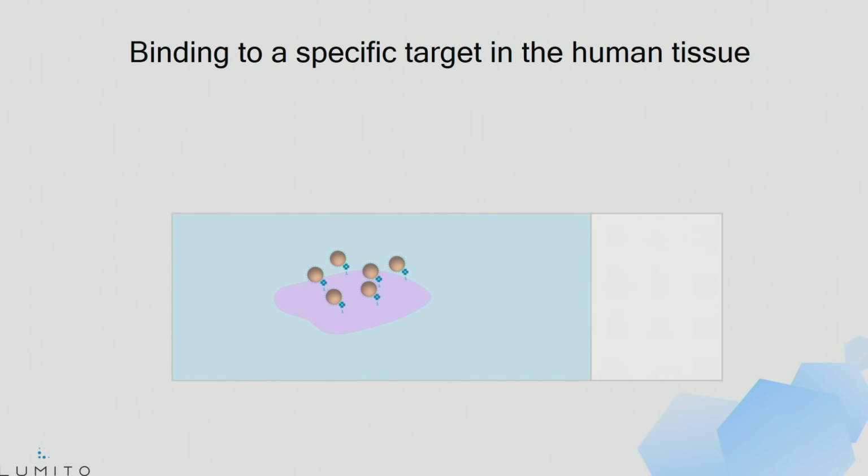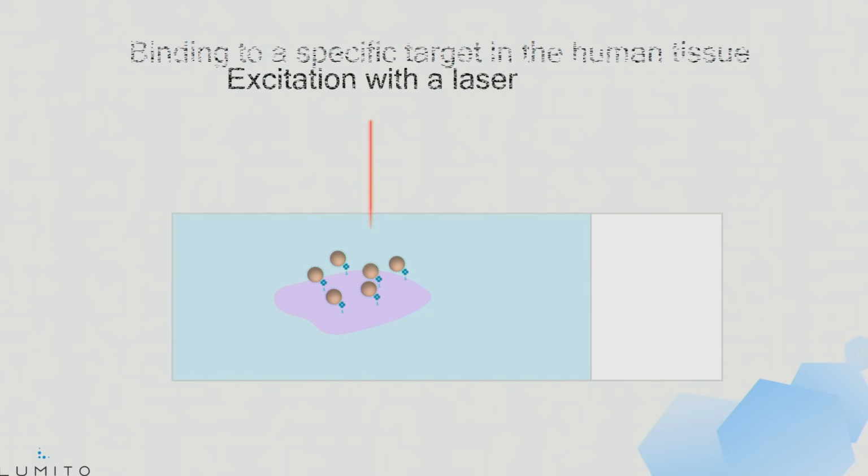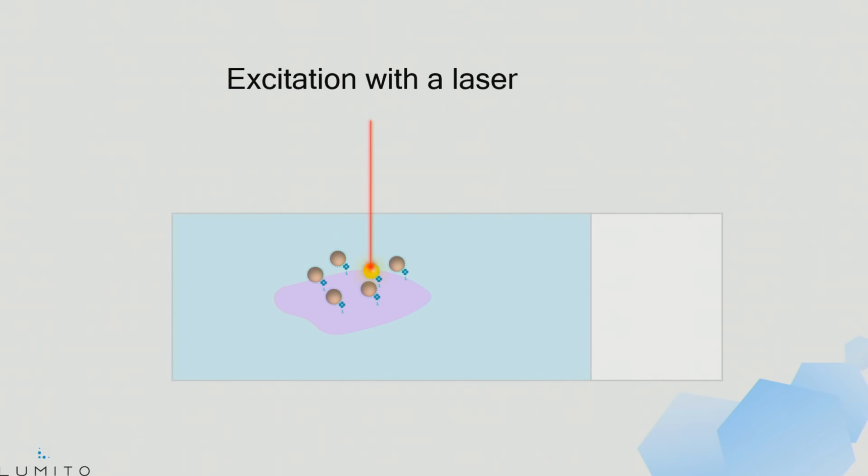We stain all the sample with this, and then we excite with laser light on the sample. And the specificity of these nanoparticles is that if you excite them with a certain light, they will send out light with a shorter wavelength.